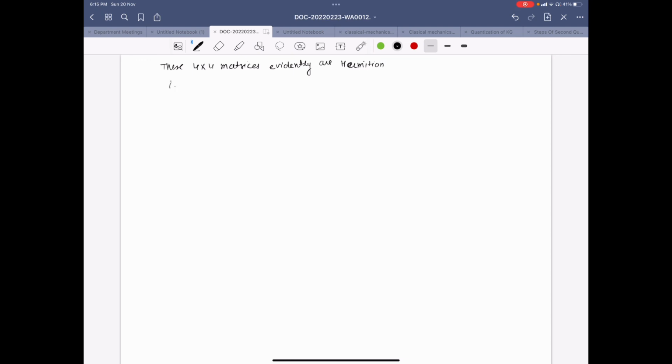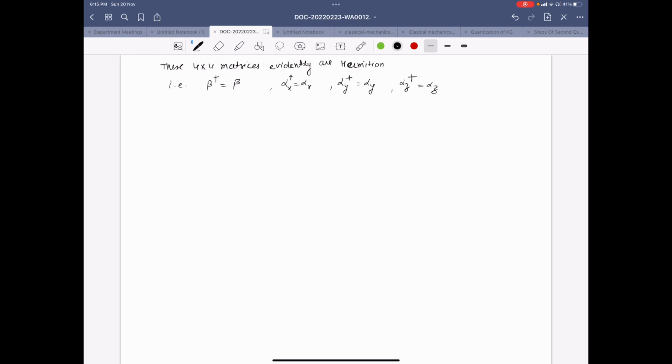Hermitian means that beta dagger is equal to beta, alpha x dagger is equal to alpha x, alpha y dagger is equal to alpha y, and alpha z dagger is equal to alpha z. What does this dagger represent?